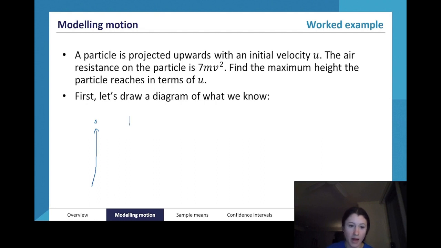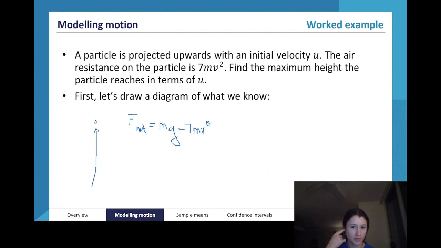We know that our net force is going to be the force of gravity, which is pulling it down, minus 7mv squared. Okay?